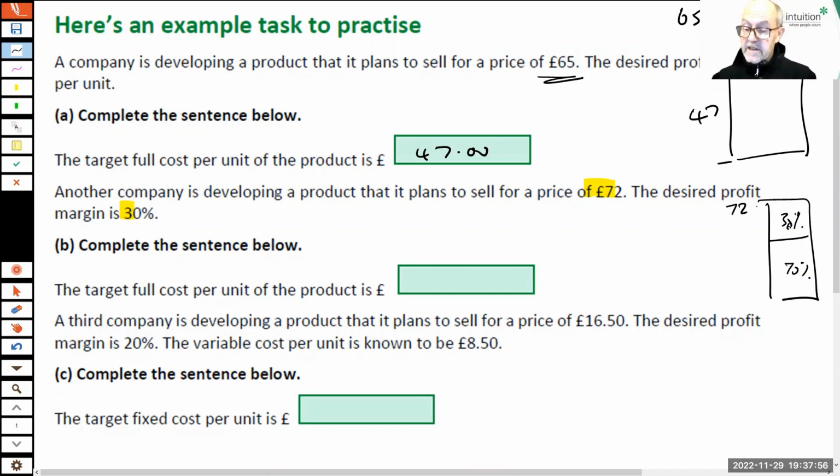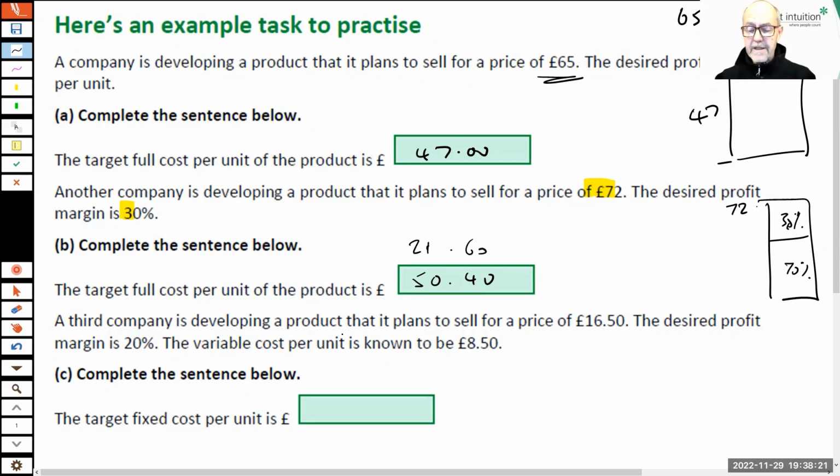So 70% of 72 is £50.40. And we could always work out that the 30% of that, just to be on the safe side, is going to be the other 21.60 if we wanted, just to be sure. Always worth finding ways of double checking figures if we can.